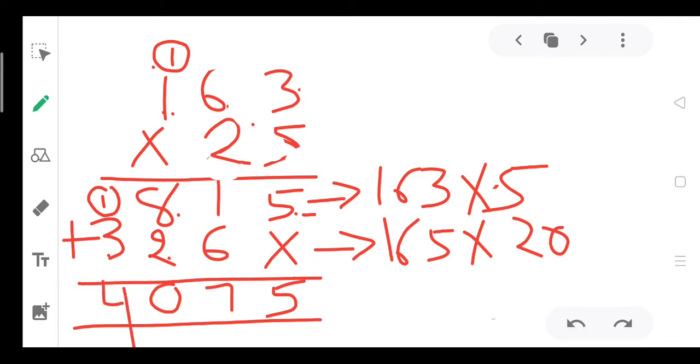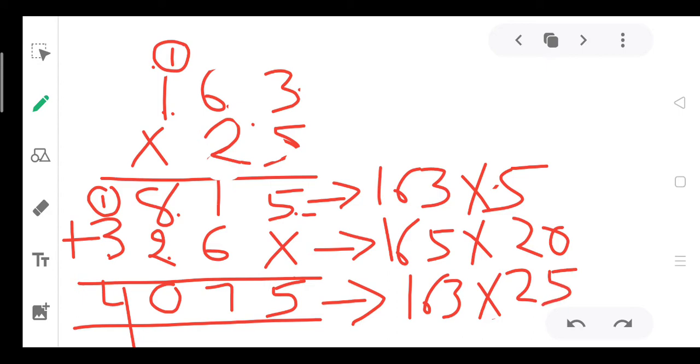So what is our product here? 4075, and it is the product of 163 multiplied by 25. So in this way you can do multiplication where multiplier is having 2 digits.